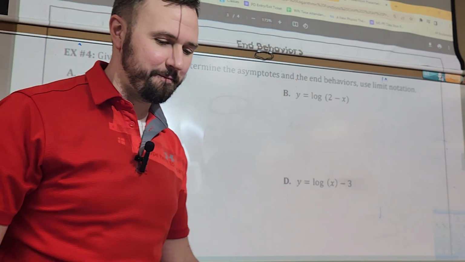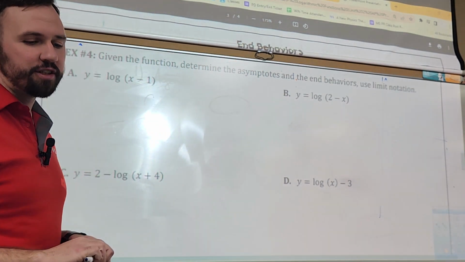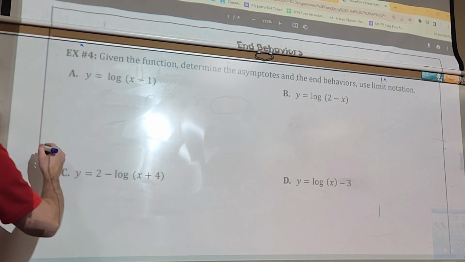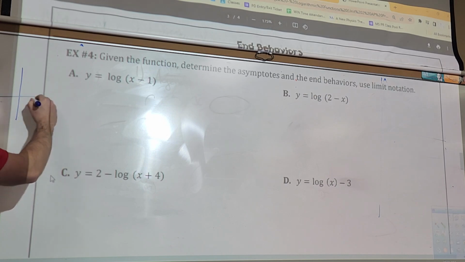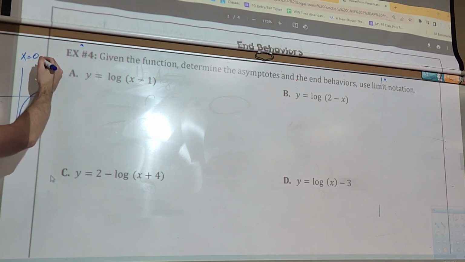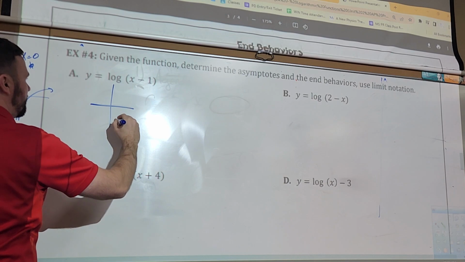All I want to do is give the function, determine the asymptotes and end behaviors. That's all I care about right now. Now, what's going to help me is if I graph my normal asymptote, x equals 0, and I'll use that to graph these. So what's the minus 1 going to do?